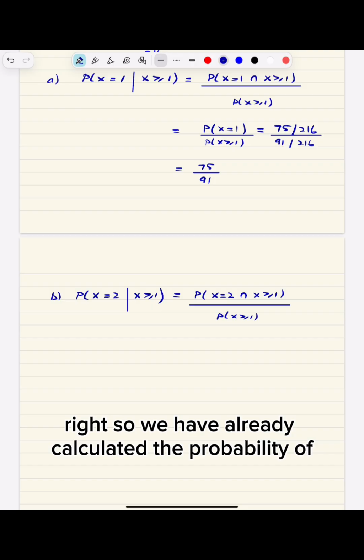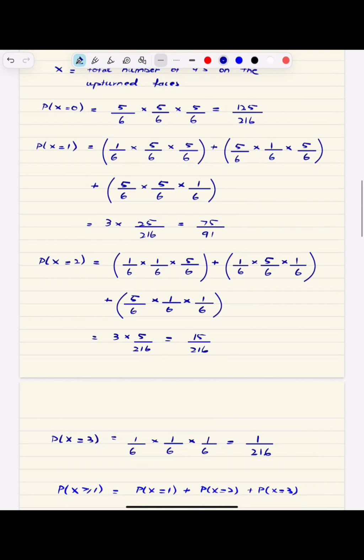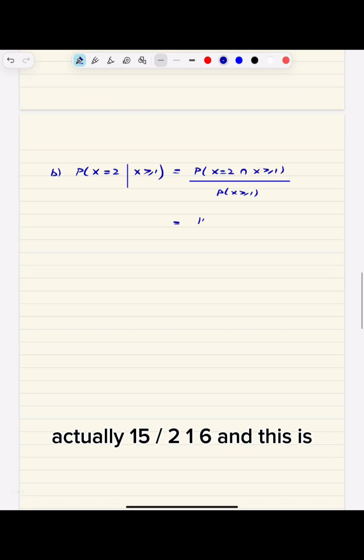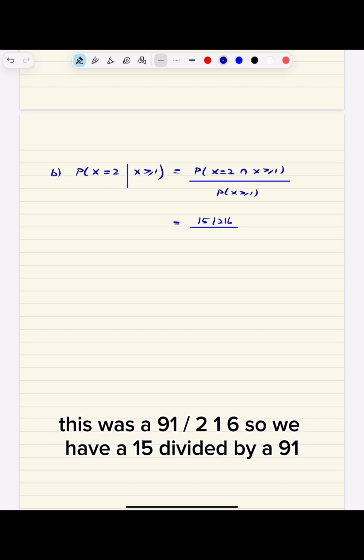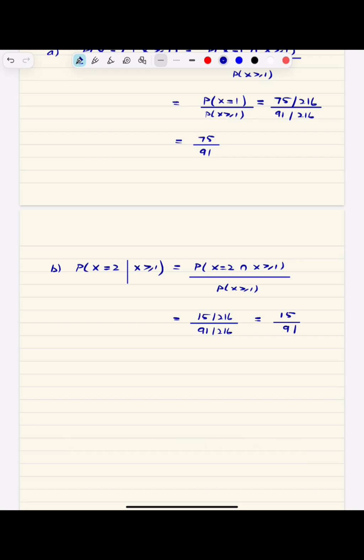So we have already calculated the probability of X equals 2, which is 15 over 216, and this was 91 over 216. So we have 15 divided by 91.